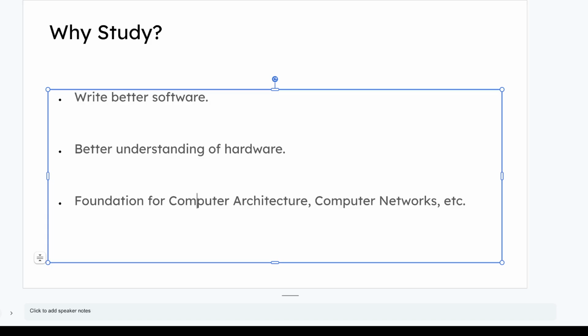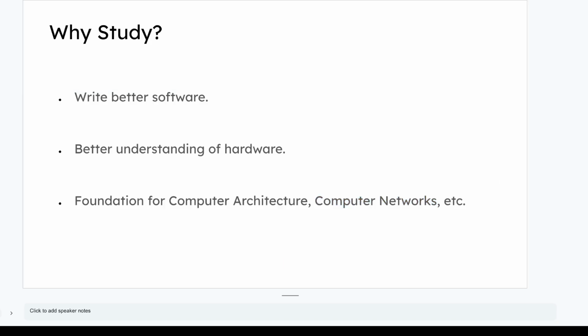One of the courses is computer architecture. This is the umbrella term for microarchitecture, computer design, system design and so on, right? Again computer networks. This course is a dependency for many other advanced courses. So if you have a better grip on this course, then the topics that you study in this course will help you in other upcoming courses as well, right?